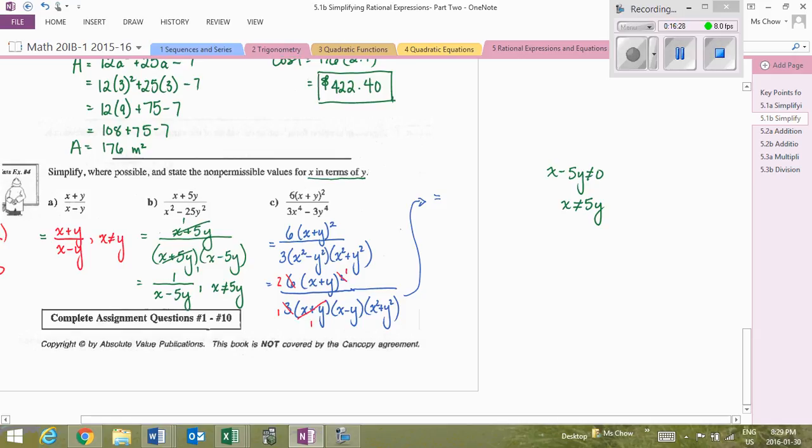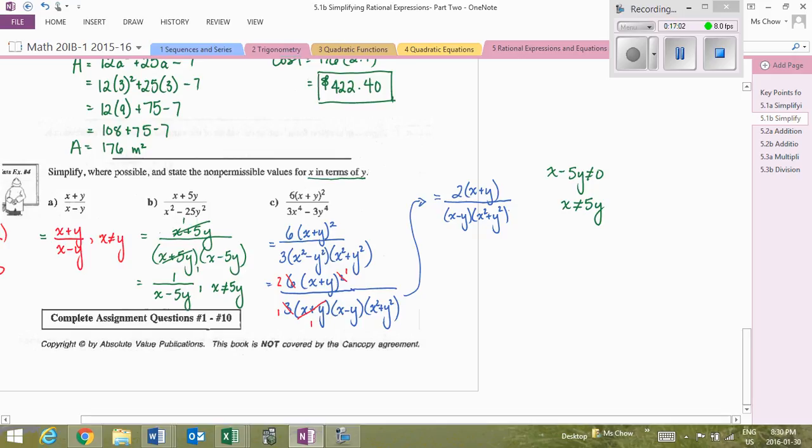So all I have in my numerator then is 2 times x plus y, and that is all over x minus y and x squared plus y squared. And there is absolutely no need to factor out or expand everything back in by any means. It's actually almost nicer to leave it factored, because then that way anybody looks at it, they know it's been factored, and there are no further steps that you can take.